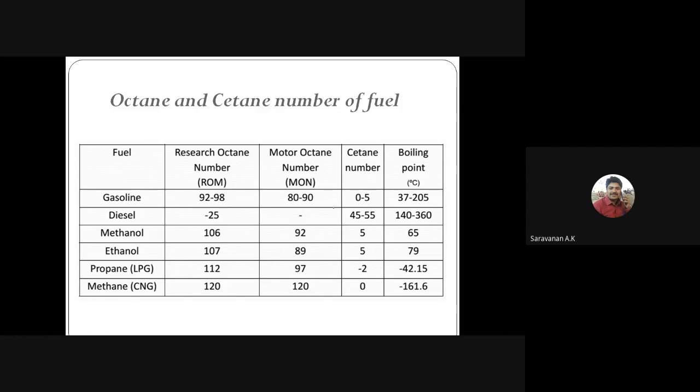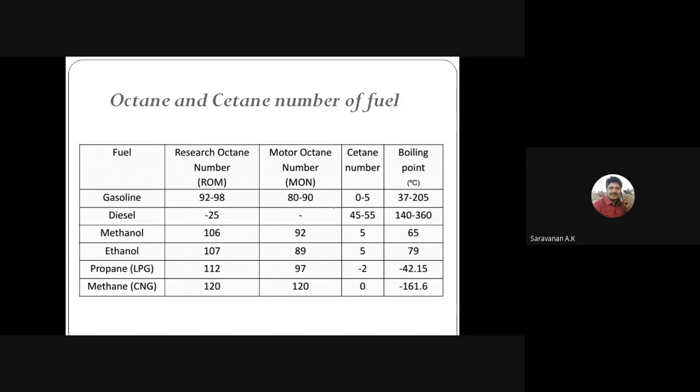So when the compression ratio increases, automatically the thermal efficiency increases, but it will create a greater tendency for knock, right? So at the critical compression ratio, when the knock starts, a higher fuel octane quality is required, right?